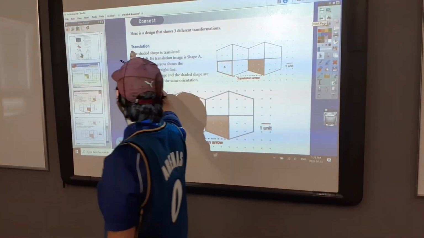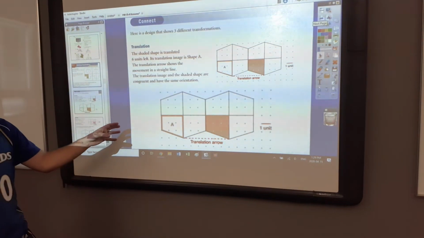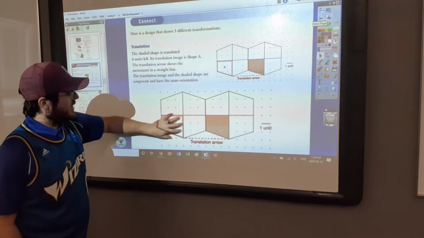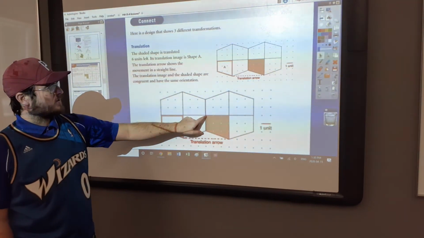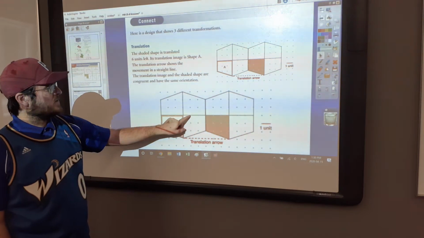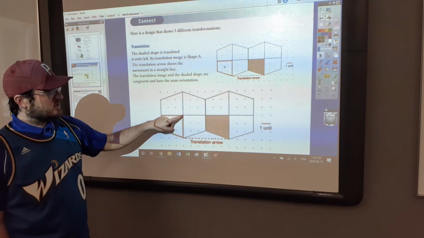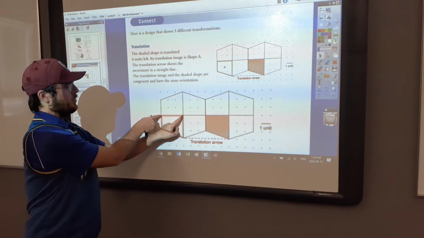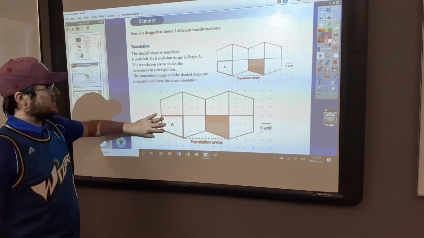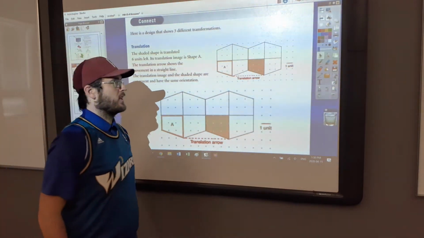So translation. Okay, here's an example from your book. You can follow along. If I take this shape and I translate it over, the only tricky part is just being able to count. So if I take this corner point, 1, 2, 3, it's not a translation of 3 because I'm not at that same corner point. So I have to keep counting 4, 5, 6. So this is a translation 6 units to the left.